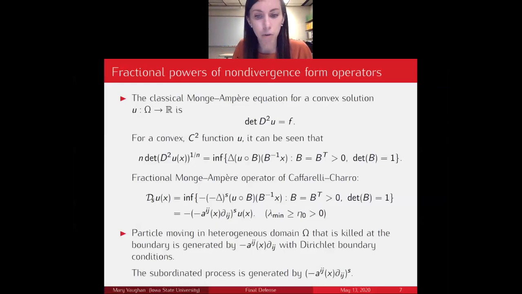If you subordinate that process, so you have a jumping particle instead, you take the previous process and subordinate it with an s-stable symmetric Levy subordinator, and that process is generated by fractional powers of this non-divergence form operator. So we will be studying regularity estimates for equations with these operators.